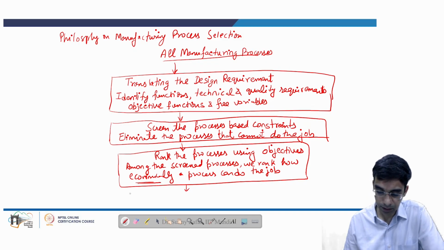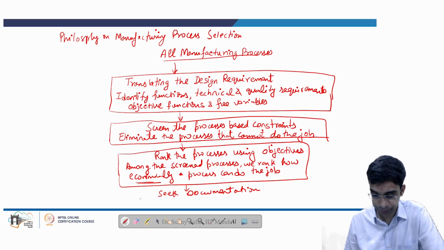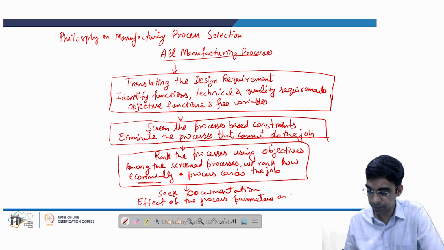And lastly, we can seek documentation regarding, say for example, the effect of the process parameters on certain defects.